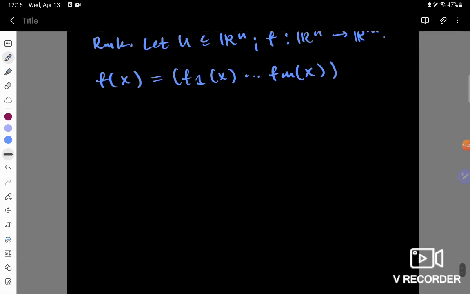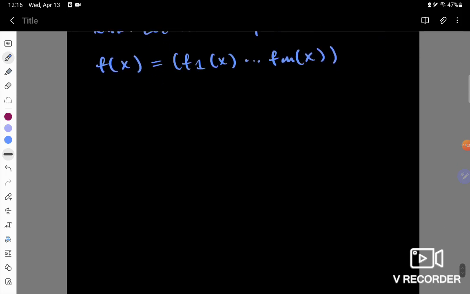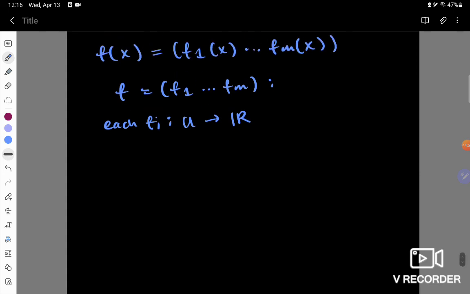Hence, we can think of this map as f equals this tuple of components, f_1 through f_m. Each f_i, as we saw earlier, is going to take from the open set u, or R^n, whatever your domain is, and map into each copy of R, for however many i there are indexed from 1 through m.